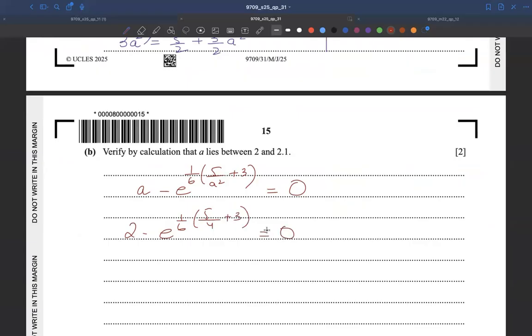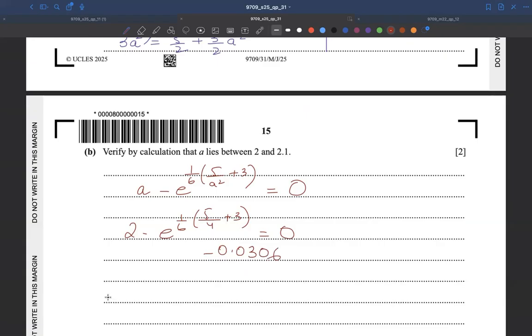So this will become e to the power of, first let's do 5 upon 4 plus 3, that is 17 upon 4, multiplied by 1 upon 6, that is 1 upon 24. So you'll get e to the power of 17 upon 24. And then 2 minus the answer, we are getting minus 0.0306.